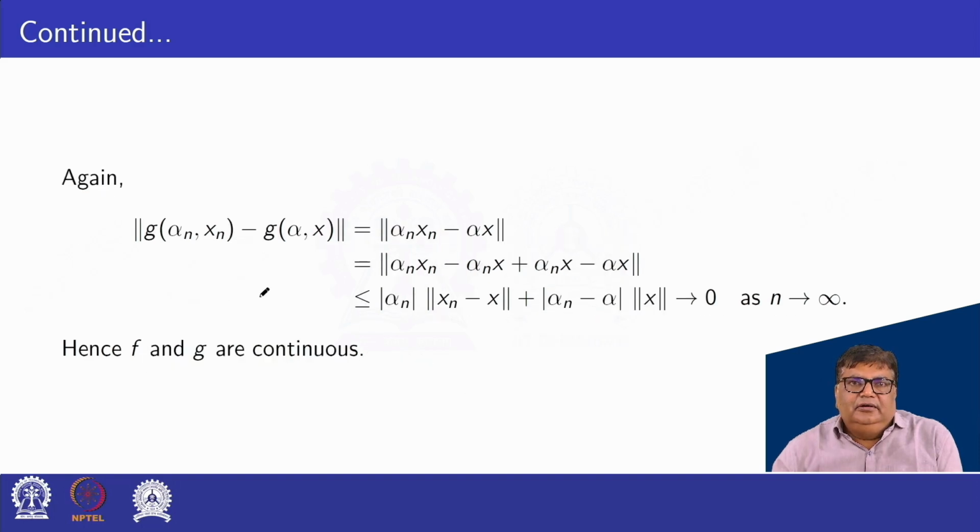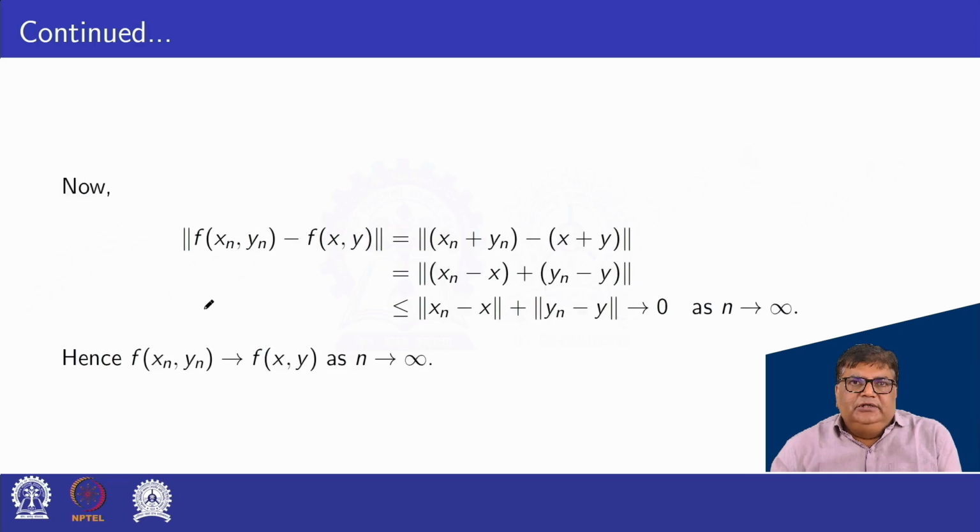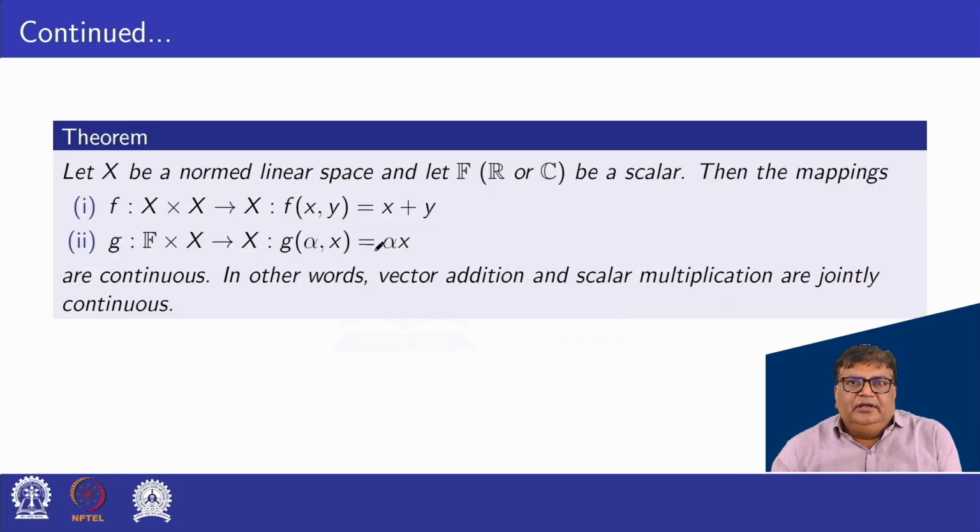Again, for the second function g of alpha, x equal to alpha times x, we also have to prove that g of alpha n, xn tends to g of alpha, x.